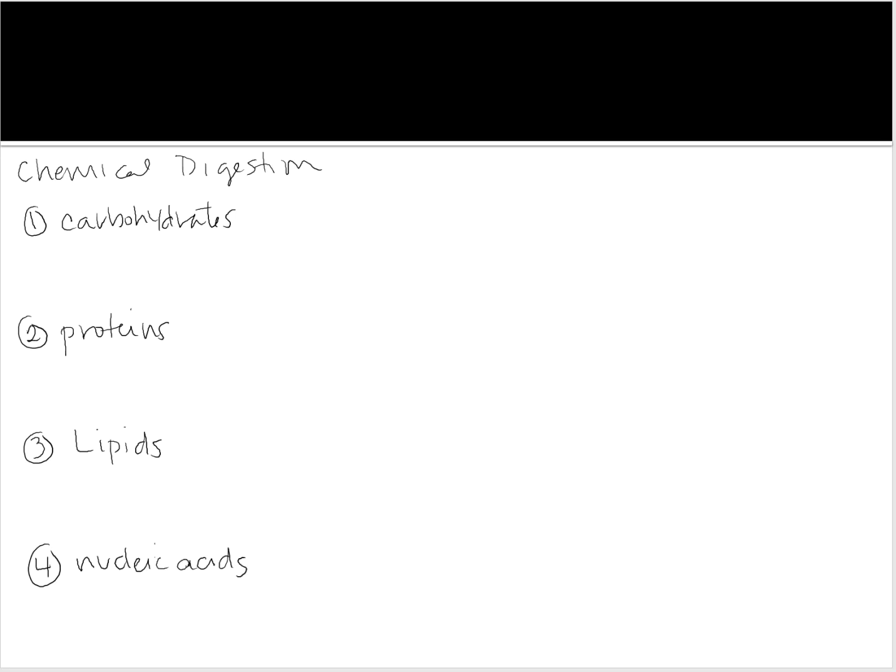Okay, so if nothing else, when we're talking about carbohydrates, we're talking about oligosaccharides, and these are things like starches. When we talk about proteins, we're talking about proteins. When we're talking about lipids, we're talking about triglycerides.